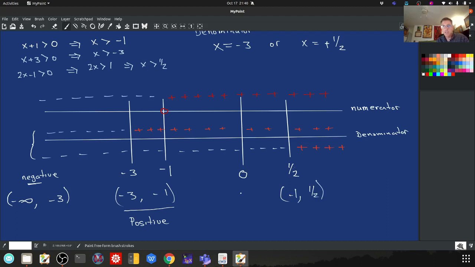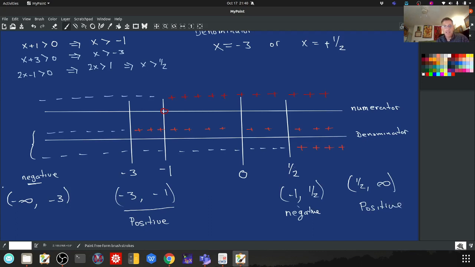The 0 is just there for reference, okay? So from minus 1 to 1/2, I have a positive times a positive, which is a positive, times a negative, which is a negative. And then the final interval from minus 1/2 to infinity: a positive times a positive times a positive, so it is positive.